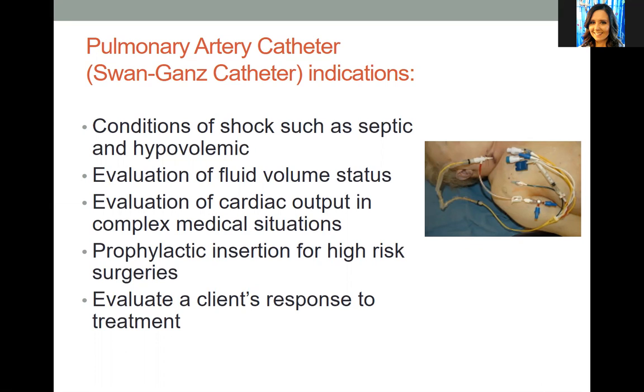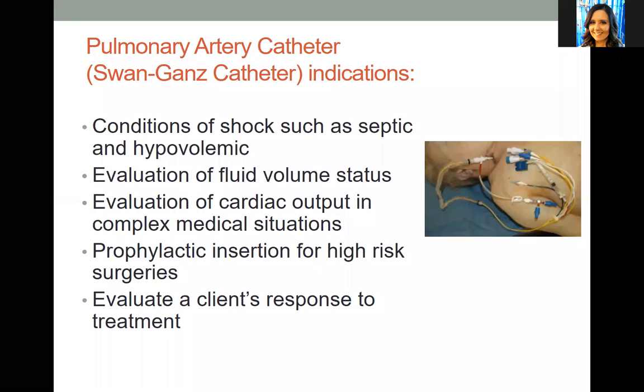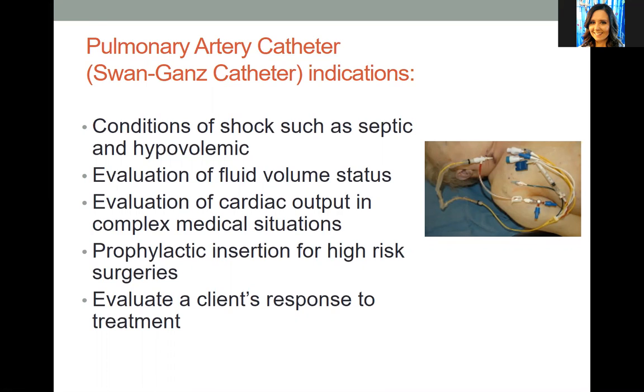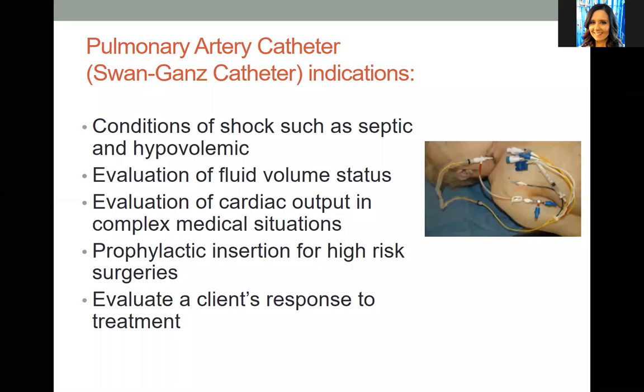We can evaluate a client's response to treatment by directly measuring these hemodynamic values. We can use a pulmonary artery catheter to infuse IV fluids, medication. We can also draw blood or mixed venous oxygenation samples. We can also use a PA catheter to measure core temperatures, so the temperature of the blood inside the patient.